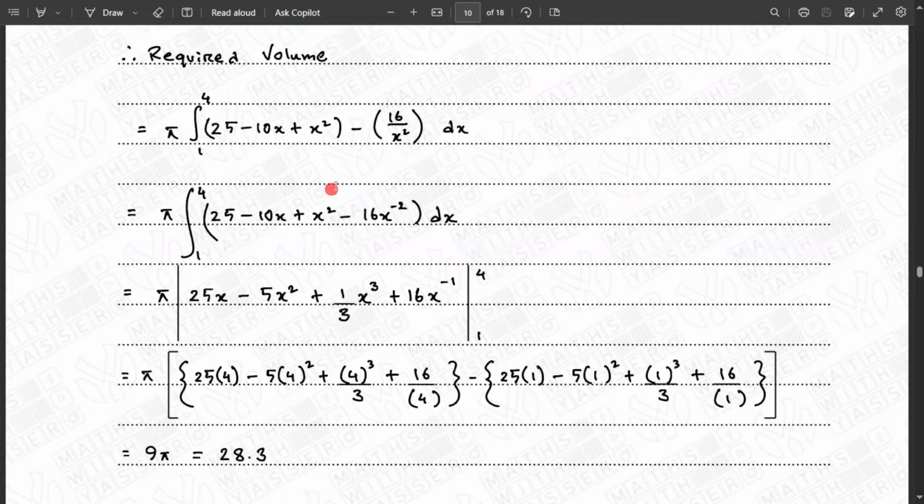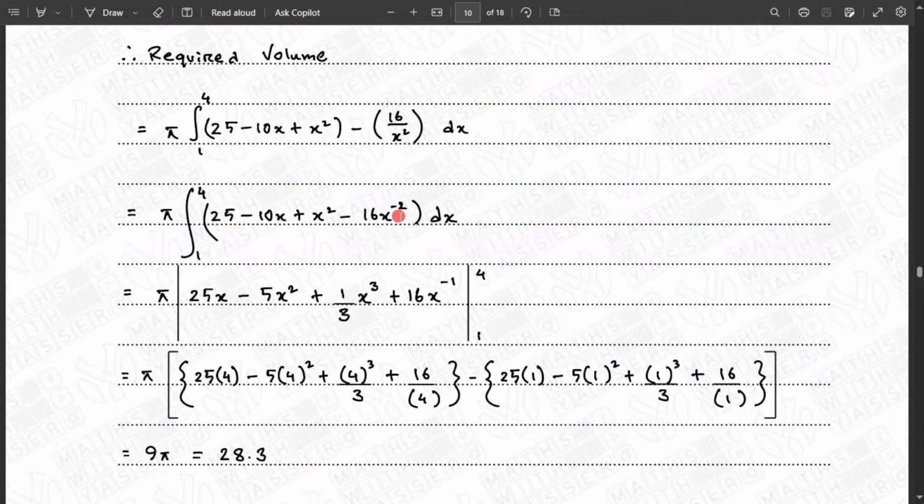So now we can simplify it by saying 25 minus 10x plus x square minus 16x to the power minus 2. When we integrate this, it will become 25x minus, x to the power 1 plus 1 is x square, 10 by 2 will give us 5, plus 2 plus 1 is 3, and this will become 1/3, plus 16x.